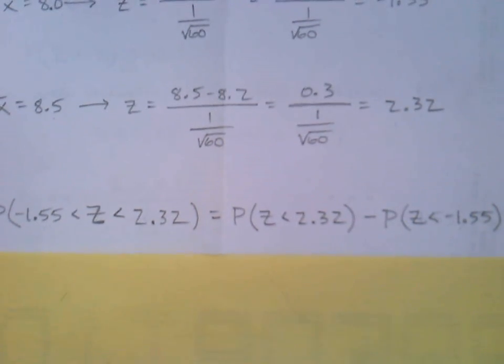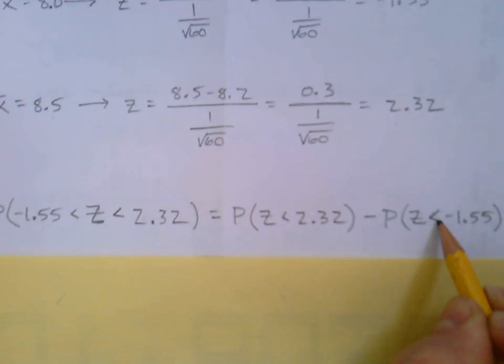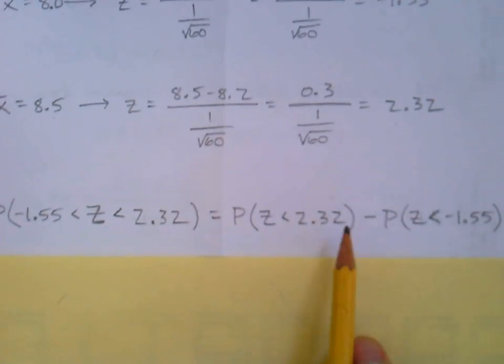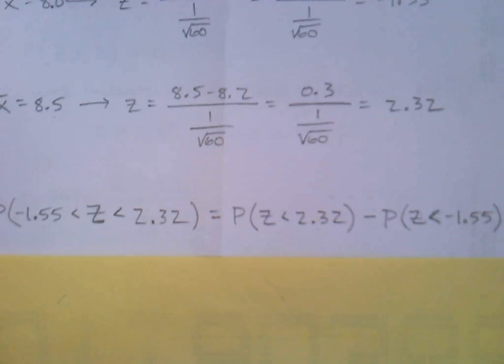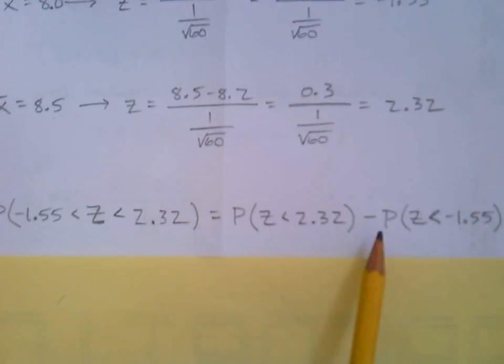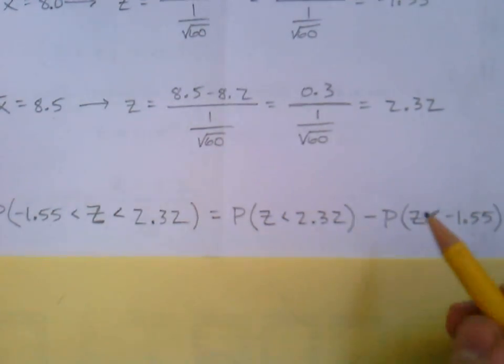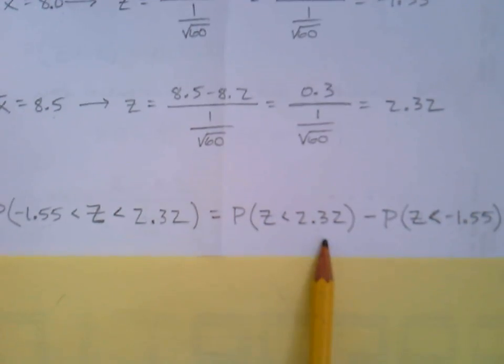It is, barely. The bigger one minus the lesser one, and they're both less thans. And when you subtract that, if I was to do the drawing, that would just be the area between the two. We've explained that before. Now we're just remembering the execution.